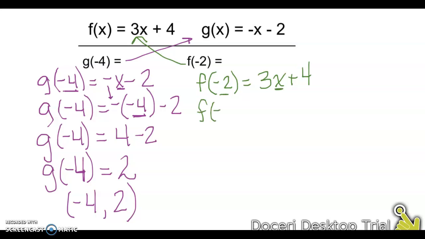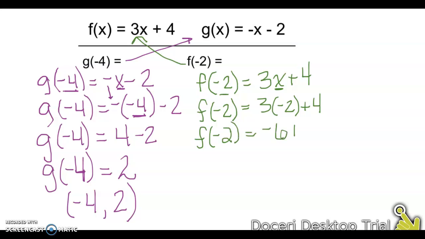So the function f evaluated at negative 2, to get the output, we're going to say 3 times negative 2 plus 4. f of negative 2 is equal to negative 6 plus 4. The function evaluated at negative 2 is equal to negative 2. So the ordered pair for this function evaluated at negative 2 would be negative 2, negative 2.